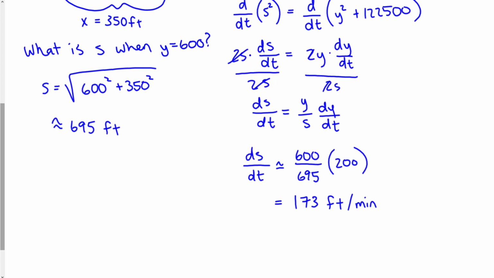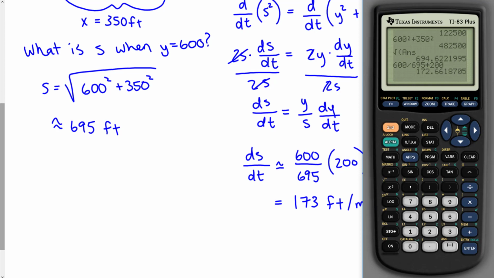Now, if you wanted to get a more accurate answer, one thing that you could have done is this. So when you get that measurement between Jack and his house when the height is 600 feet, so that was the square root of 482,500, you can call up that previous answer and say this would be 600 divided by the previous answer.